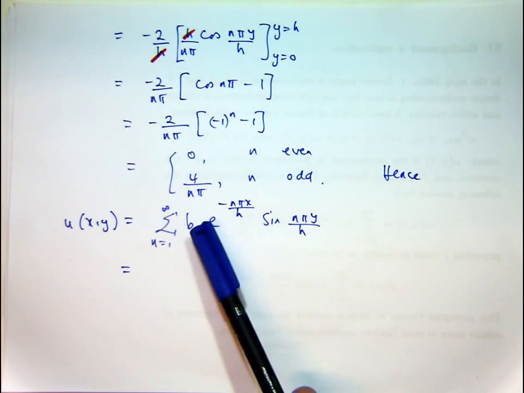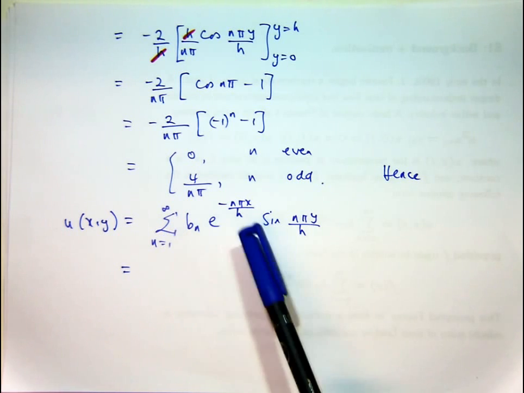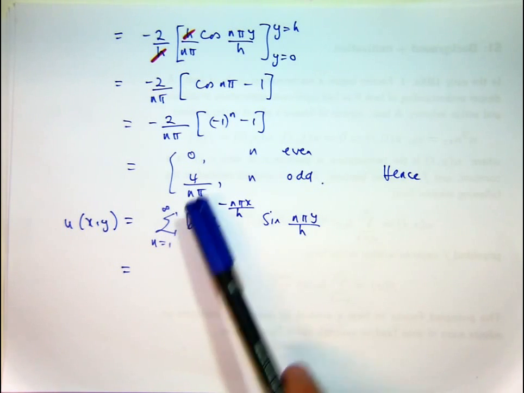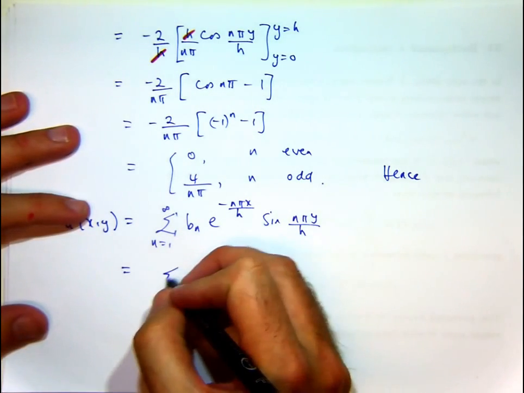Now, for every even value of n, this coefficient is 0. So I'm adding up lots and lots of zeros in this. So what I'm going to do is just sum over the non-zero terms.